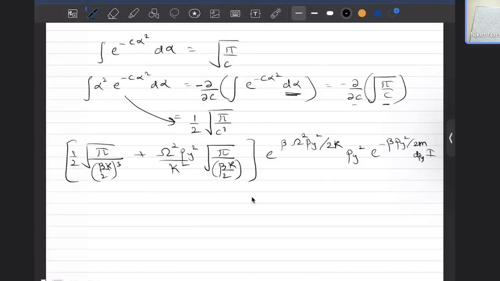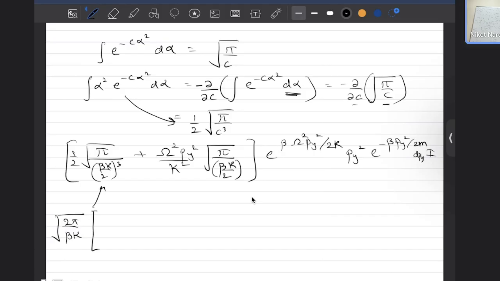Simplifying this further and evaluating only for the first term right now. Actually, what I'll do is take the square root of 2 pi divided by beta kappa outside.